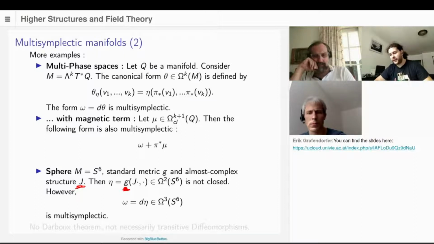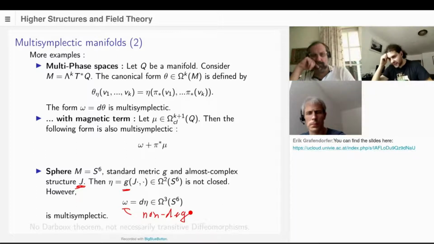If this almost complex structure were to be complex, that would be closed. But it's not complex. In fact, its differential is even non-degenerate. And thus we have a multisymplectic, a two-plectic form on the S6, so a three-form on S6.